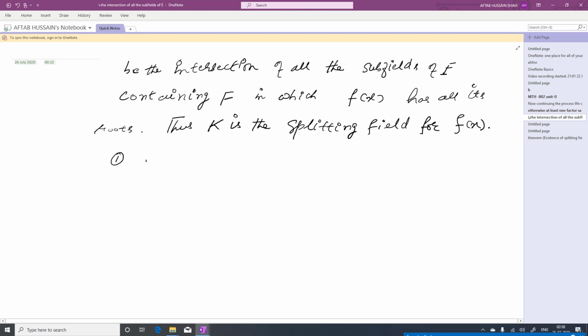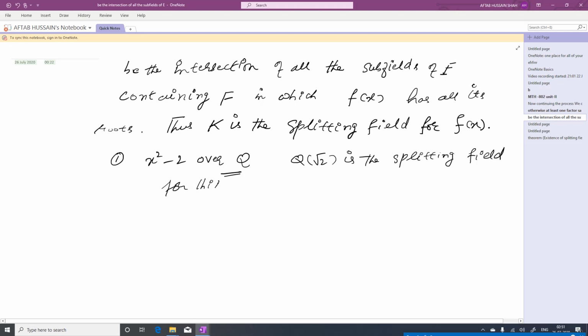In the first example, we chose this polynomial x squared minus 2 over Q. And we have seen that Q(root 2) is the splitting field for this polynomial.